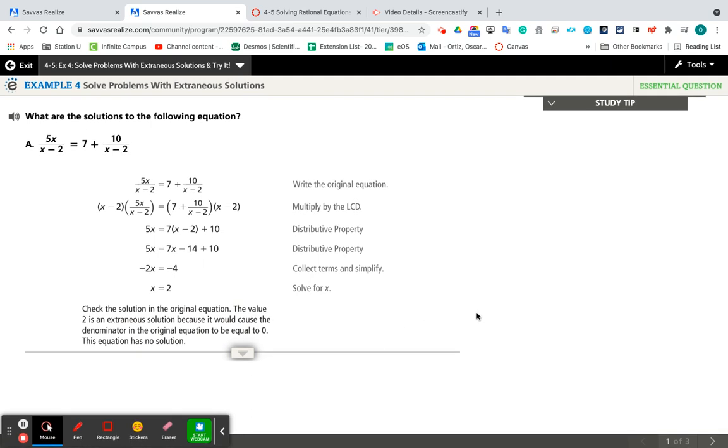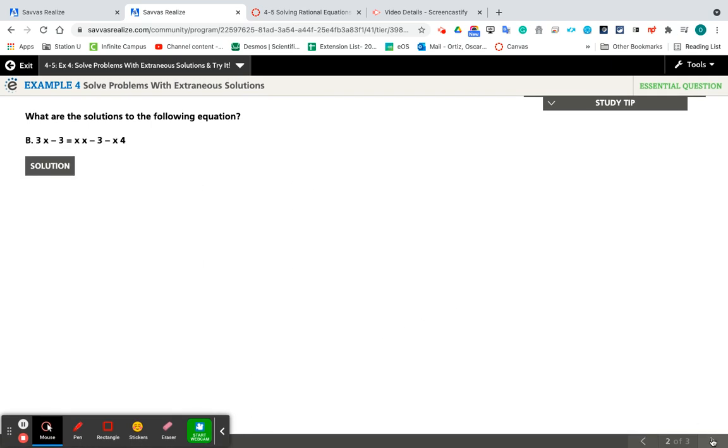Okay? So let's try another one. Sometimes the equation will have no solution because even though we get to a number, that number makes the denominator 0, which is what we are calling an extraneous solution.